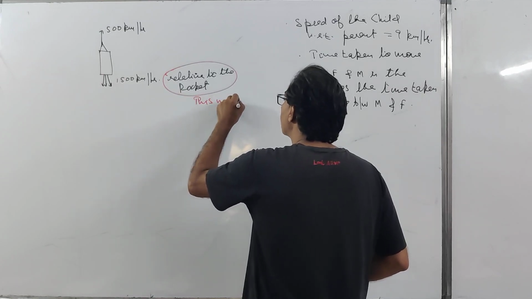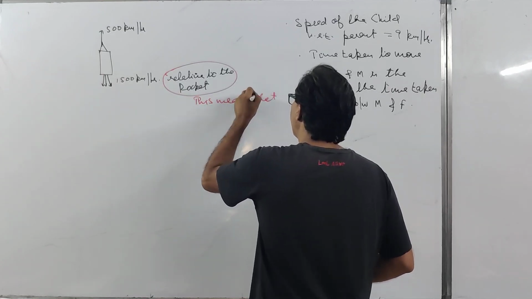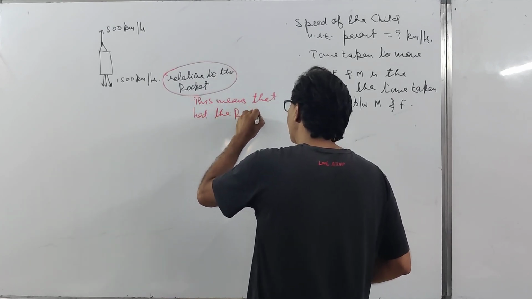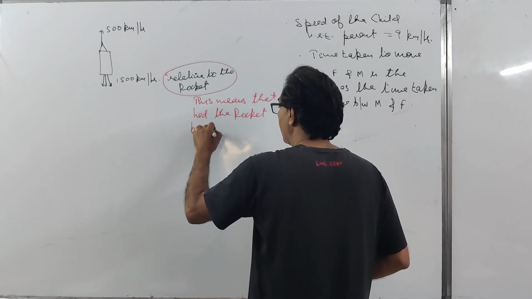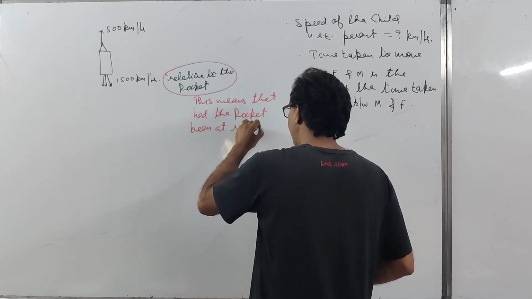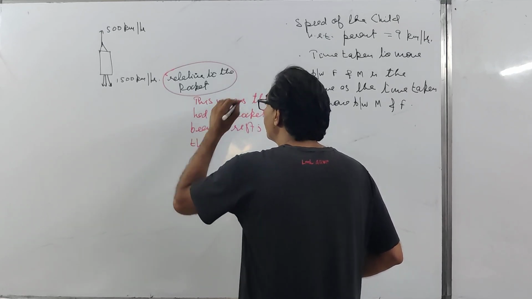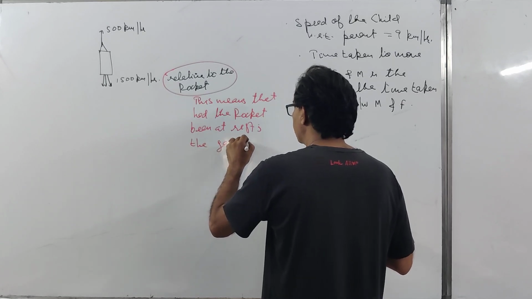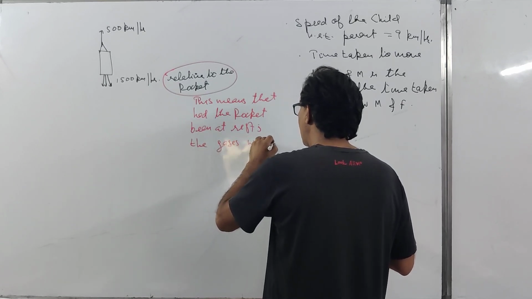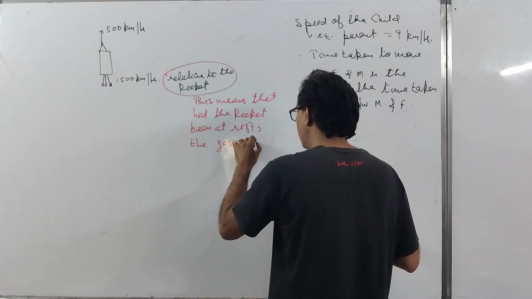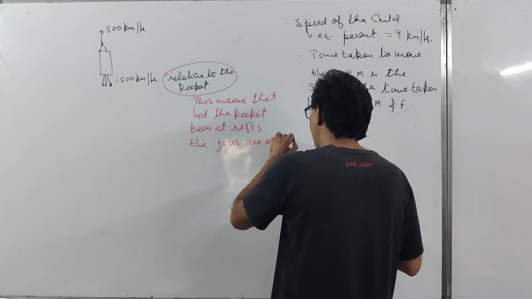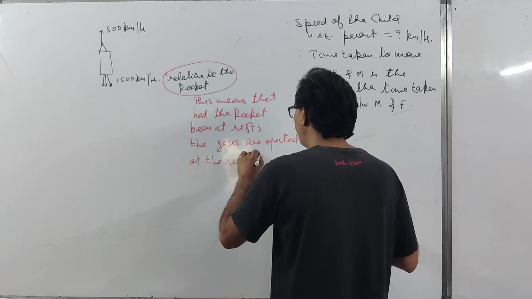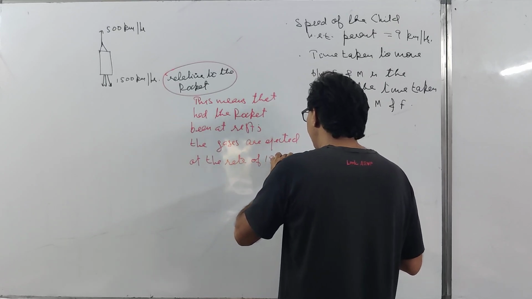This means that had the rocket been at rest, the gases are ejected at the rate of 1500 kilometers per hour.